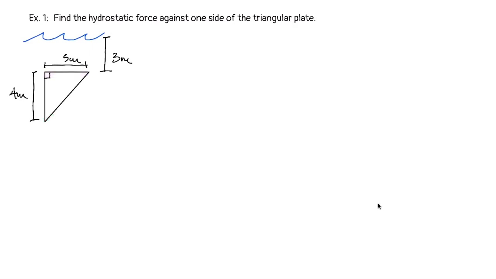And so what we're going to do here is we're going to imagine we're taking just one slice out of this triangle. And our slices are going to be parallel to the surface of the fluid. So let's pick our slice to be somewhere like maybe here, okay?